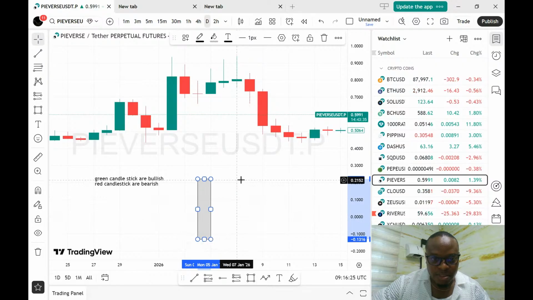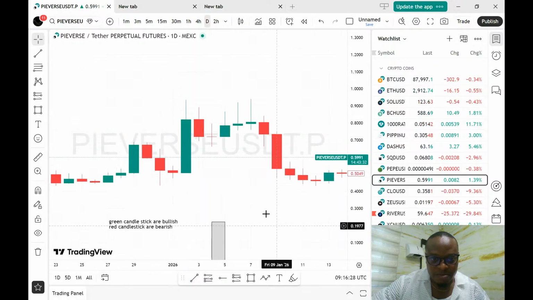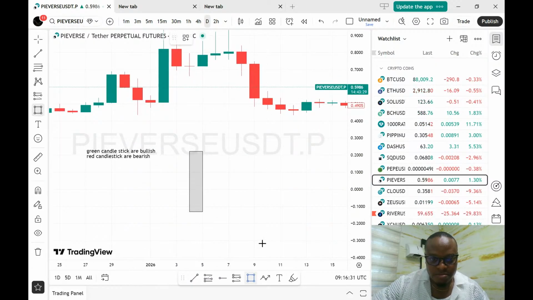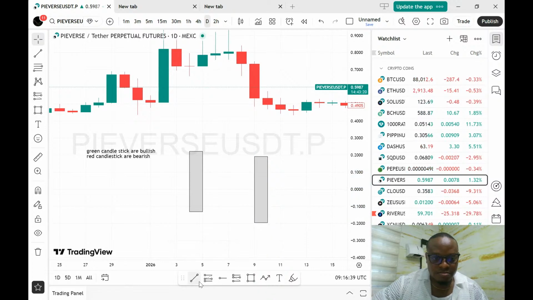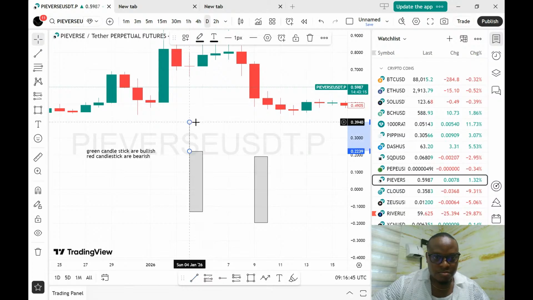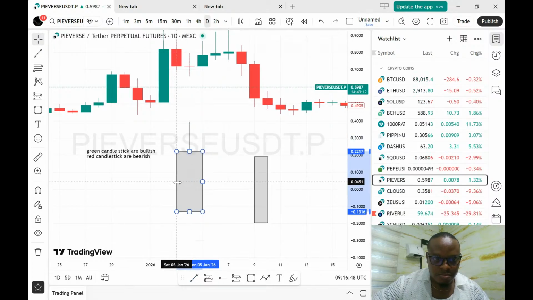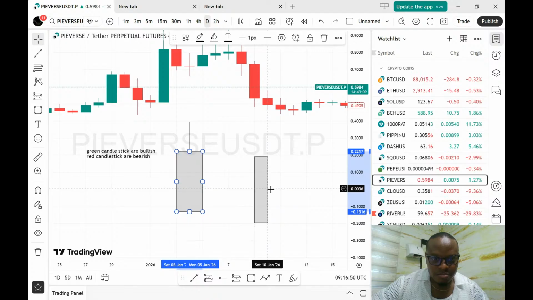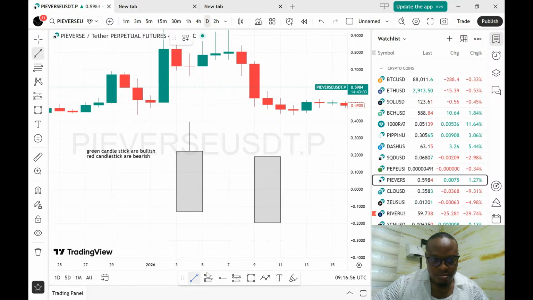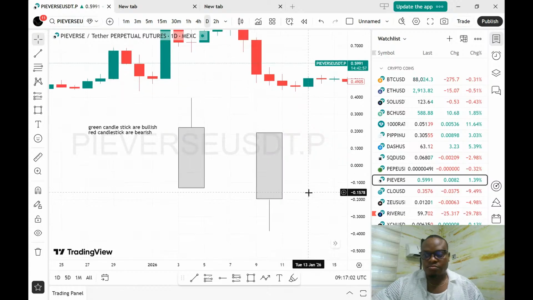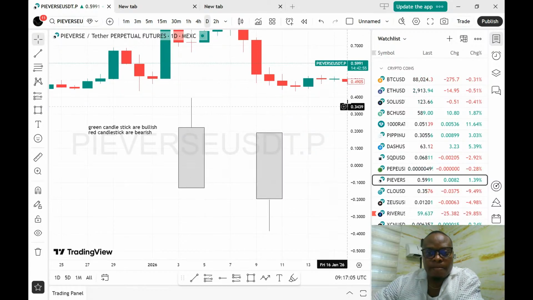I will draw two candlesticks here and label them. We have two candlesticks here.